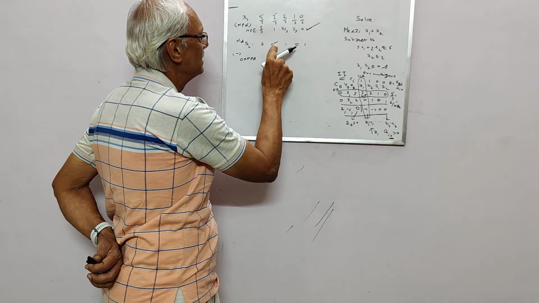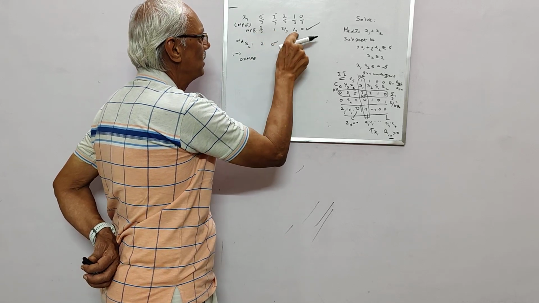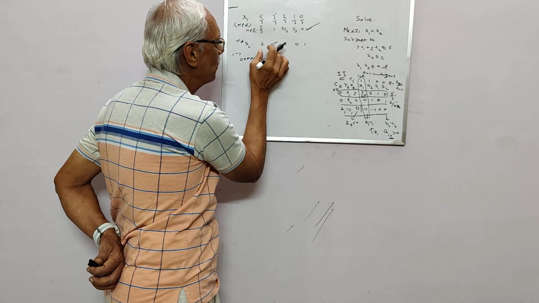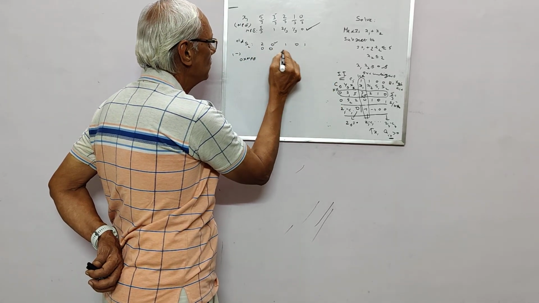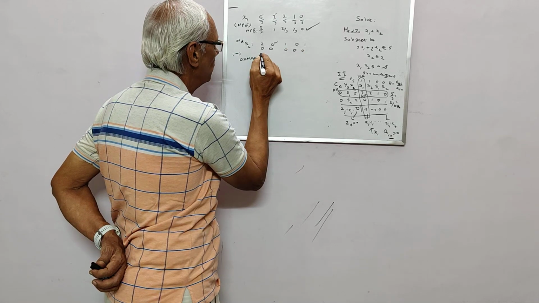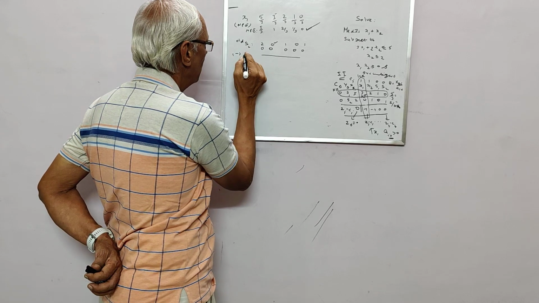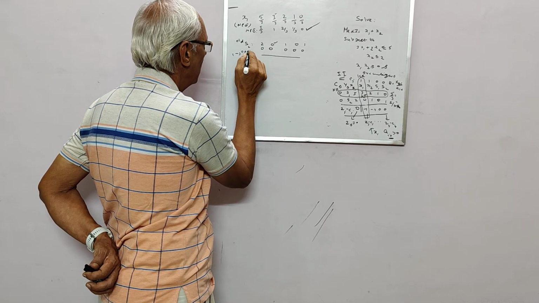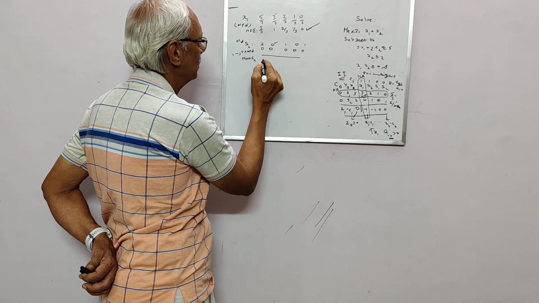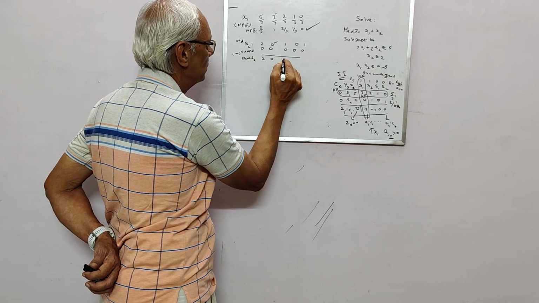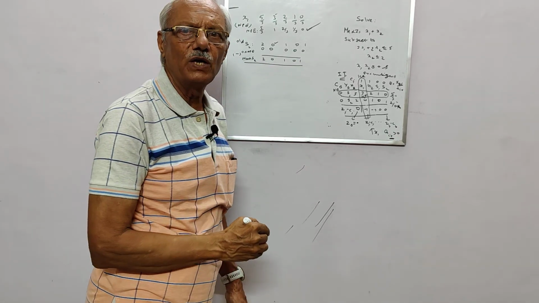Are you able to understand? 0 multiplied by 1, 0 multiplied by 3, 0 multiplied by 1 by 3, 0. Everything you put below and then subtract, you will find 0, 0, 0, 0, 0. So the new S2 is 2, 0, 1. This is what you get.